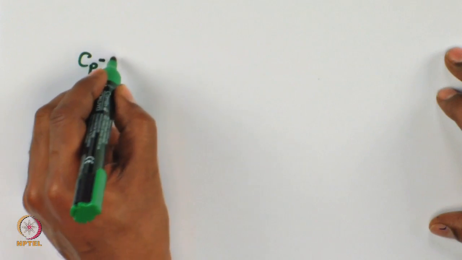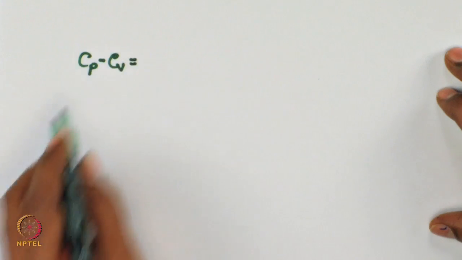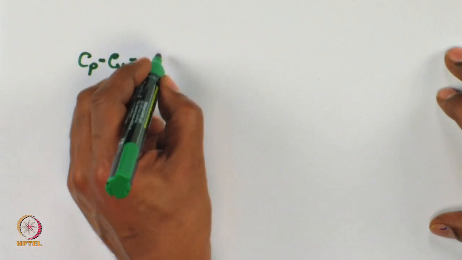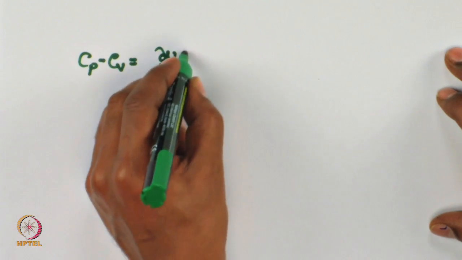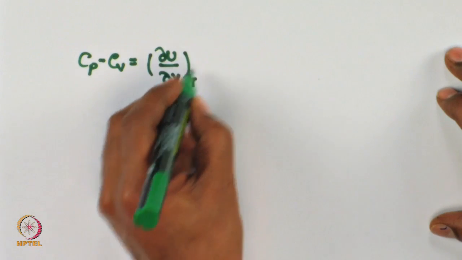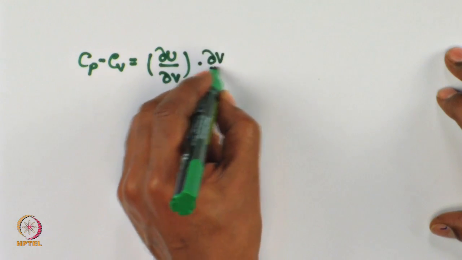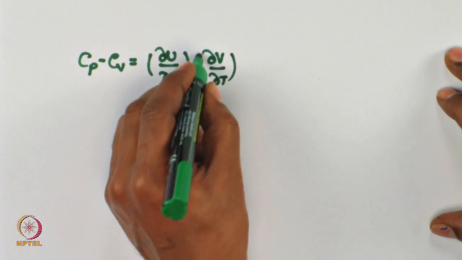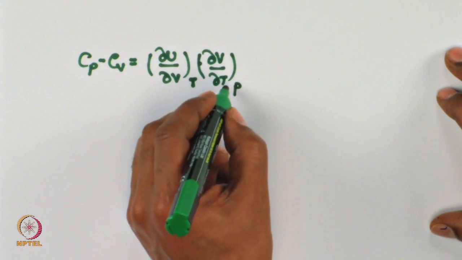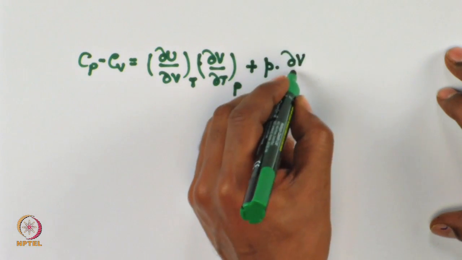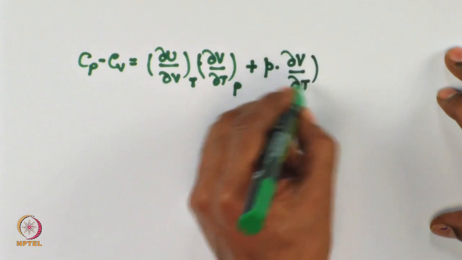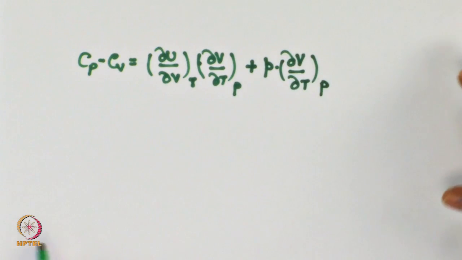What I will get is Cp minus Cv, and for that difference it will be dou U dou V at constant temperature into dou V by dou T at constant pressure plus P into the variation of volume by temperature at constant pressure.